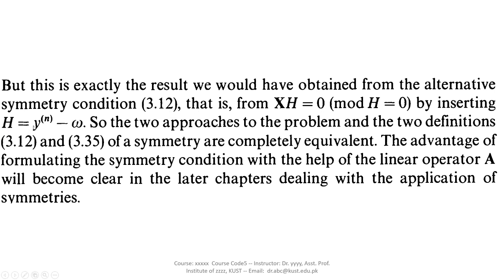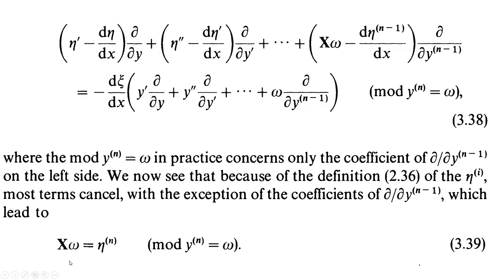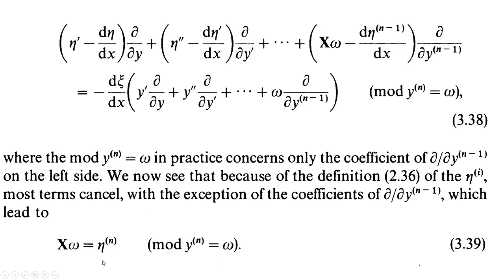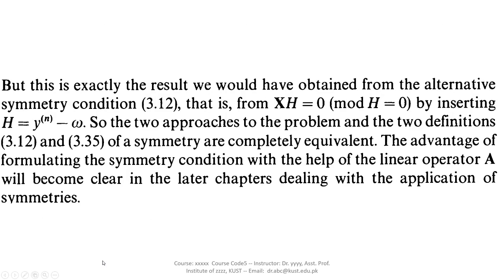So what I get is eta n minus X operate on omega is equal to 0. That is in fact the second formulation of the Lie symmetry. So in fact both are equivalent. The first formulation and the second formulation, both are equivalent, they are the same thing.